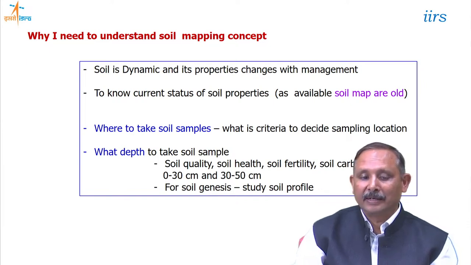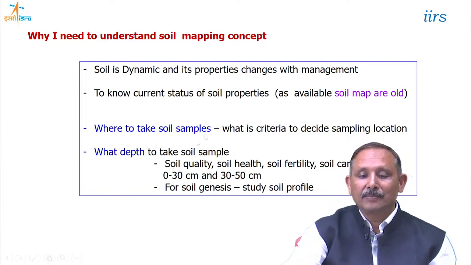using remote sensing data. Then the question is what depth we should take the samples for soil quality assessment, soil health assessment, soil fertility, and soil carbon stock assessment. In general, we collect samples from 0 to 30 centimeter and 30 to 50 centimeter, so you need not study the soil profile or pedon.